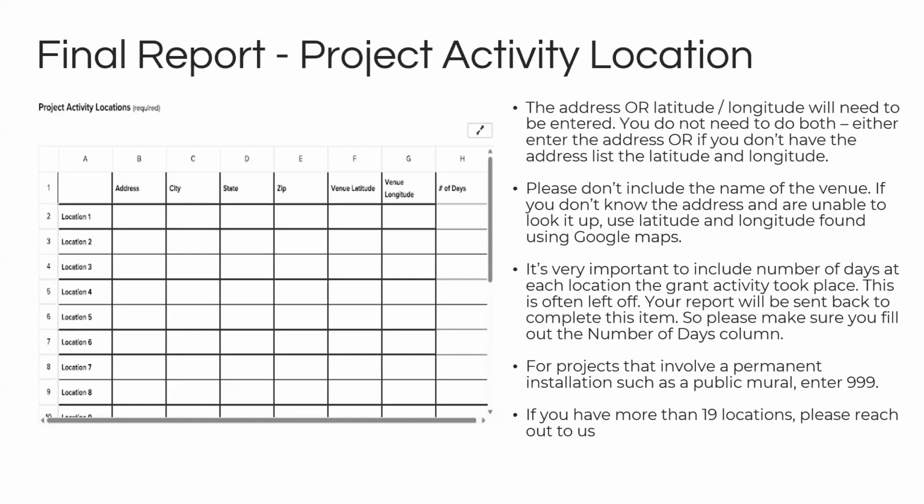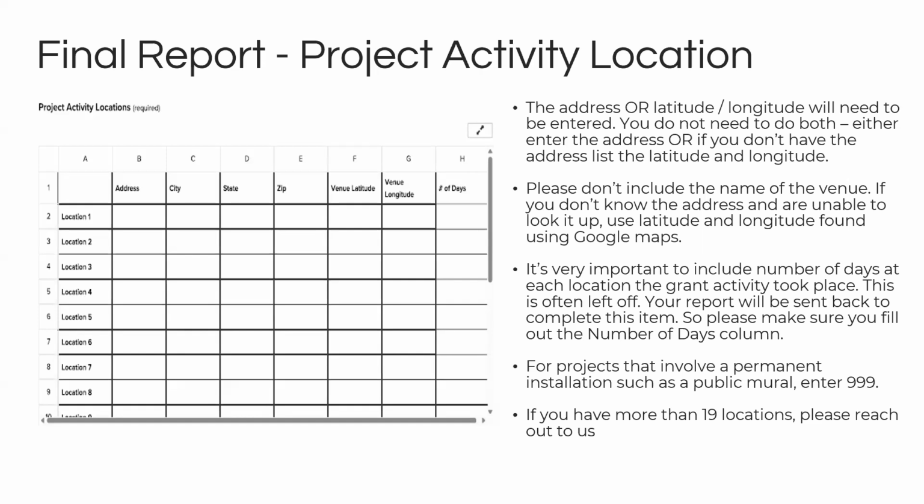Again, we only want the address of the locations where you held the grant project activities. And it's very important to include the number of days at each location the grant activity took place. This is one of the main items that's left off of the report.